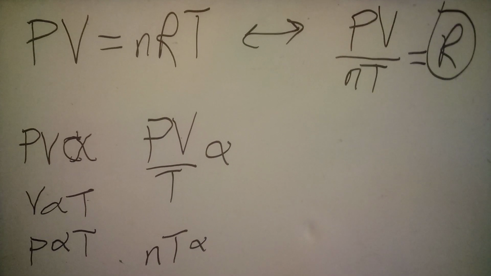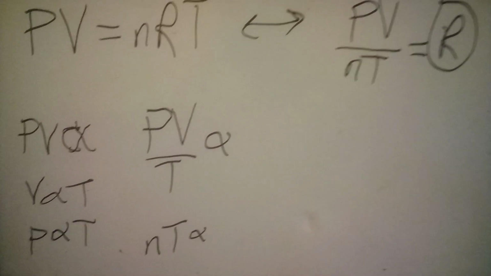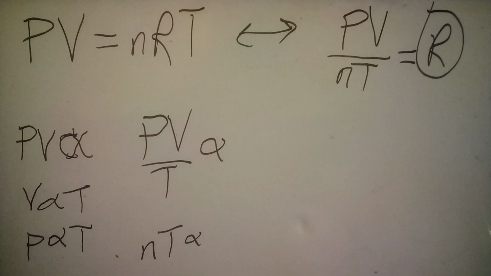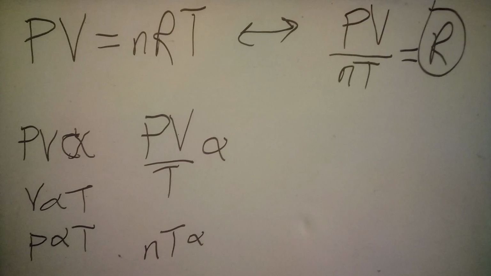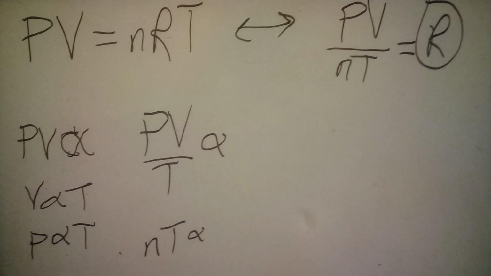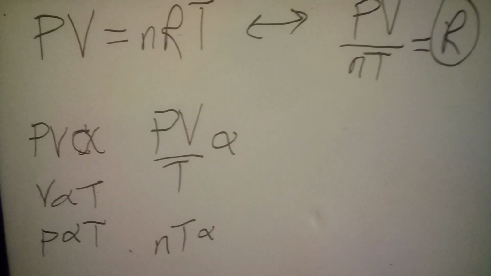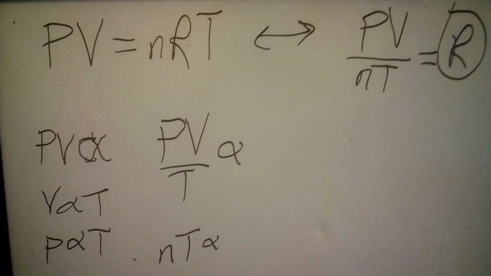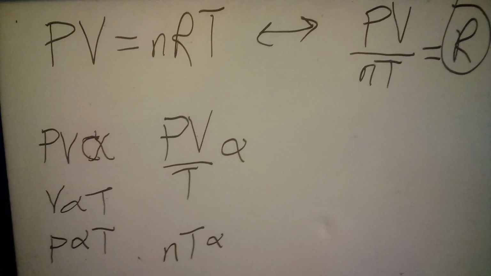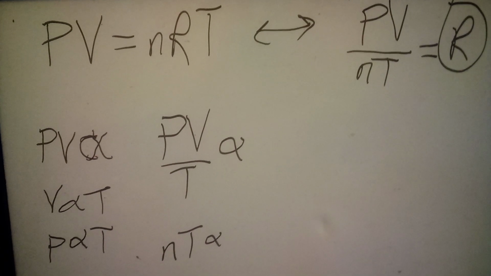So we can come up with a whole lot of different numbers for R based on choice of units for these different things: pressure, volume, even temperature. Temperature has to be absolute temperature, and we generally have two choices for that: the Kelvin temperature scale or the Rankine.